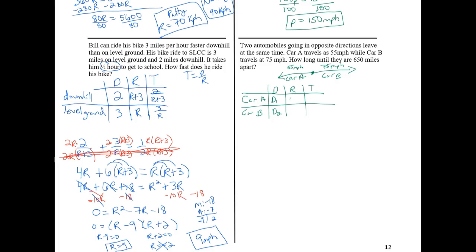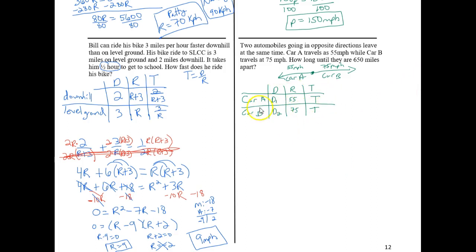Car A was going at 55 miles per hour, while car B was going at 75 miles per hour. Now we don't know anything about their time, except that if they're leaving at the same time, and they'll reach 650 miles apart at the same time, that means they're traveling for the same time. So this is the same variable. At a certain point, they will reach 650 miles apart, but that will also occur at the same time.